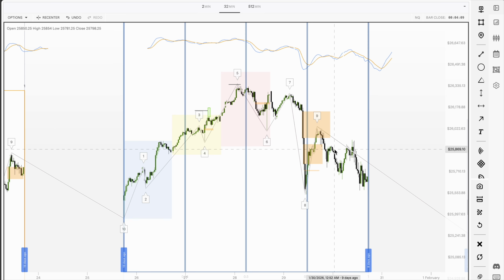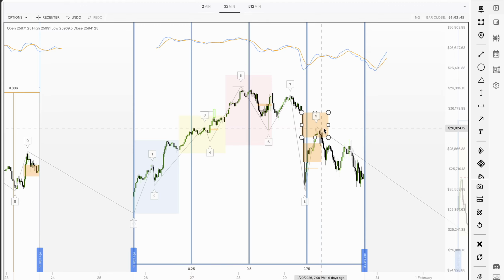Like I said, very reliably, 7 is in the second half, 5 right in the middle, 3 in the first part of the second quadrant, 1 and 2 always in the first, 6 towards the middle of the third, 8 came in early again, and 9 came in early. But after that, no other high came in because no high can come in until you're in the next cycle, in this case, the next week. All right.